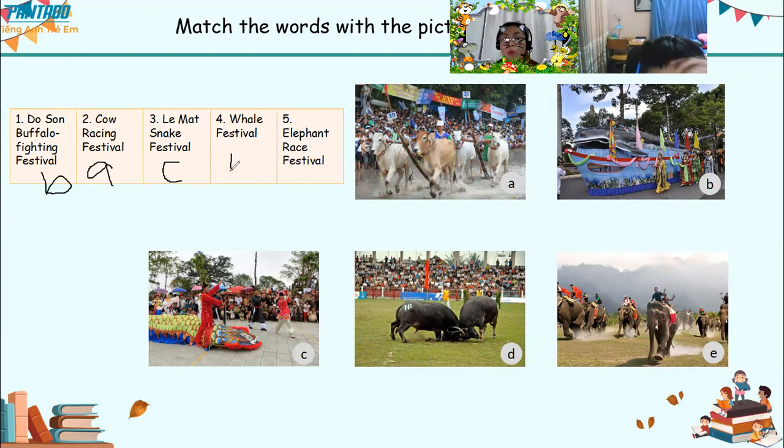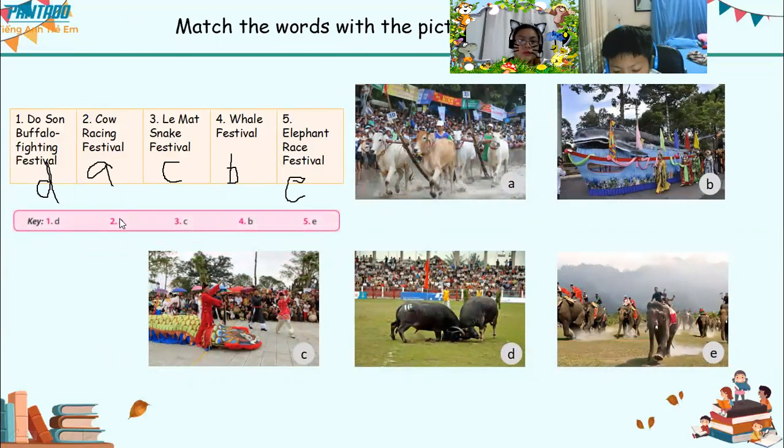And number one is D. Number five is E. Okay, very nice. Good job.